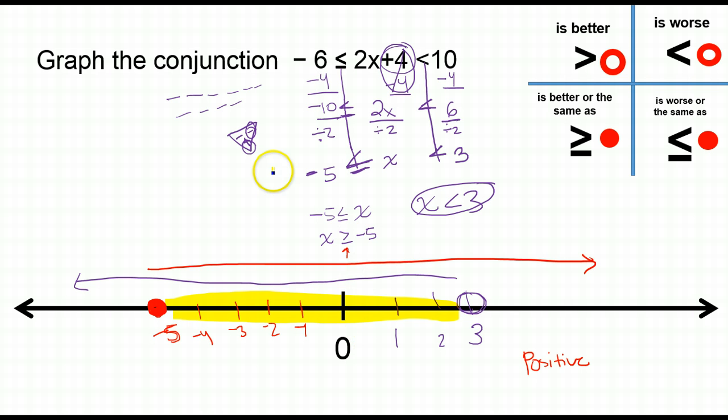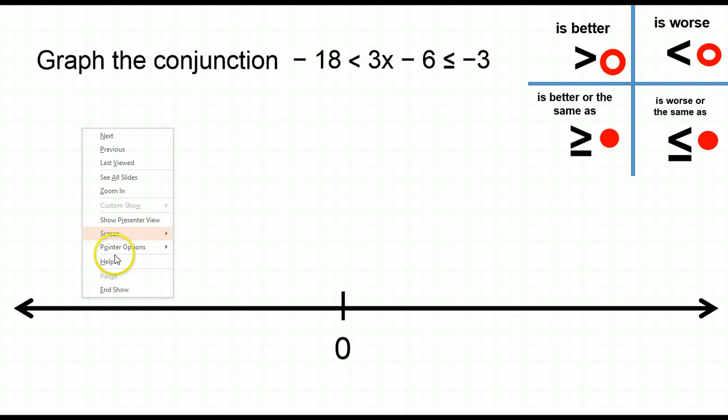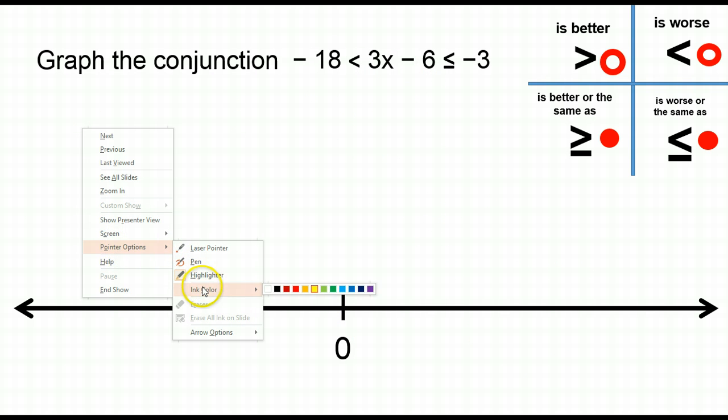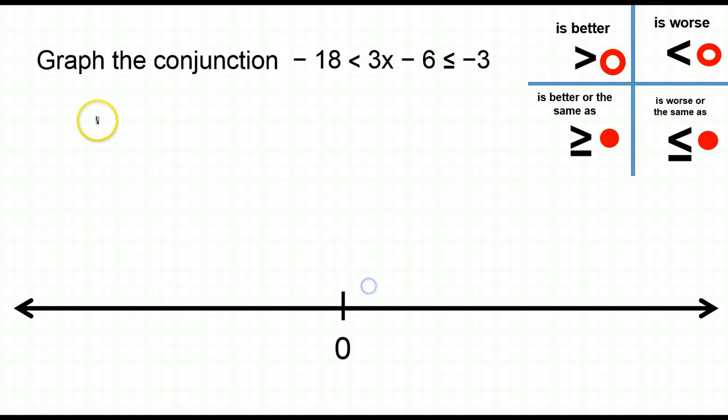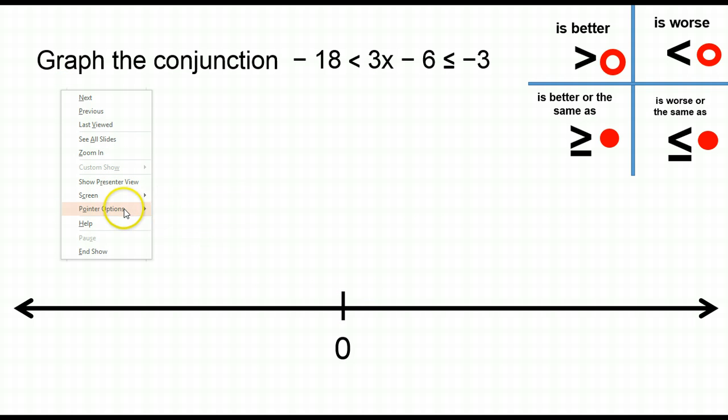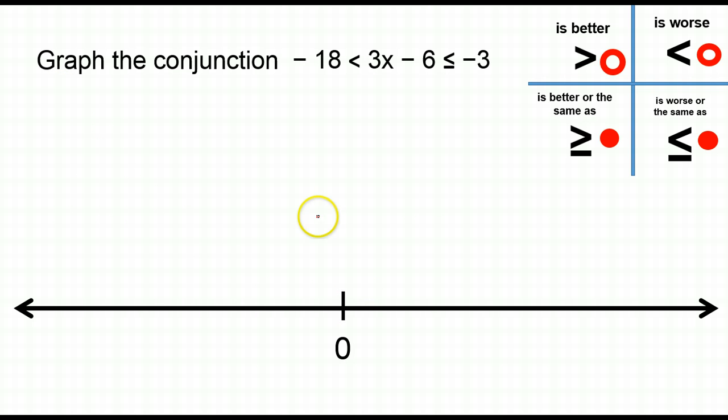Let's move on to the next one. So here I still have an inequality. I have to solve it. I'm going to do that right now. Okay, so I'm going to just draw a line. Again, I have to get rid of this negative 6. What's the opposite of a negative 6? Positive 6, right?